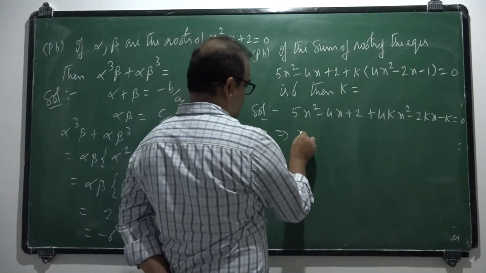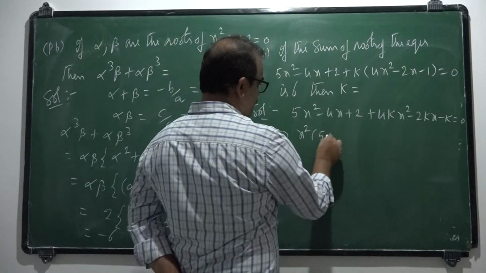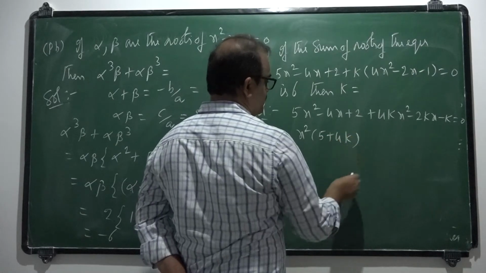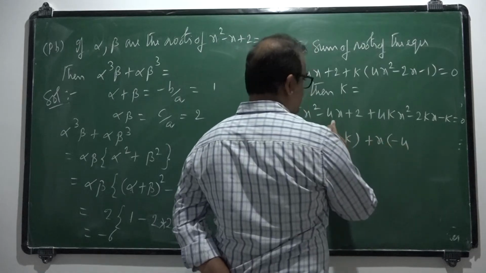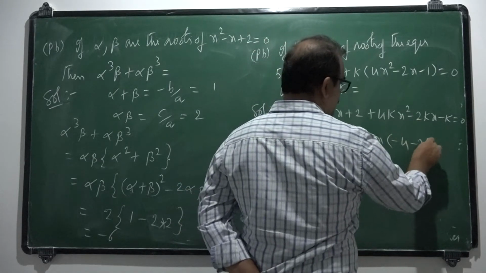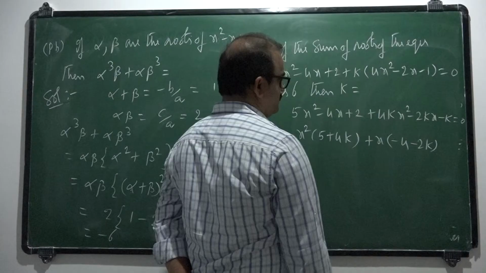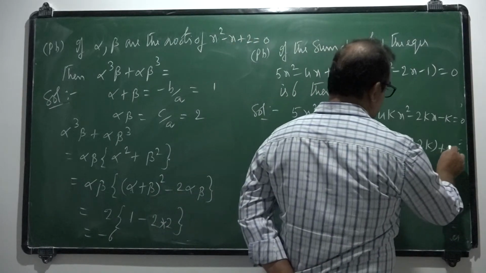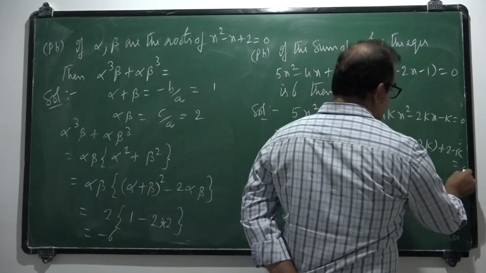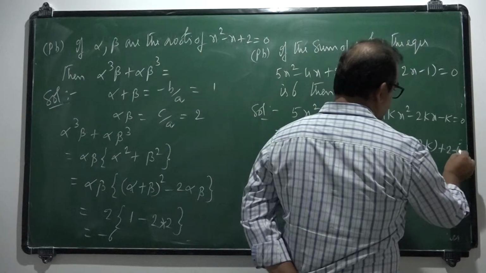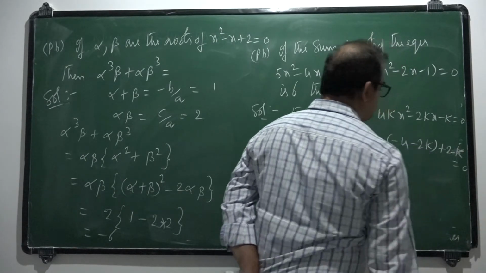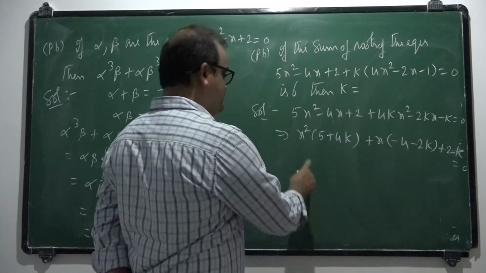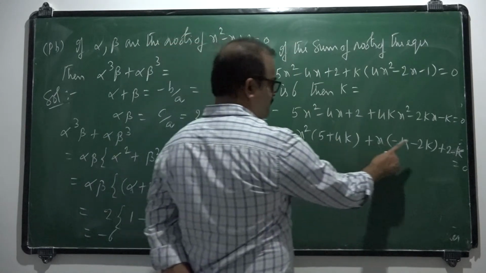Write it as x square into 5 plus 4k plus x into minus 4 minus 2k plus 2 minus k is equal to 0. It is in the form of ax square plus bx plus c.